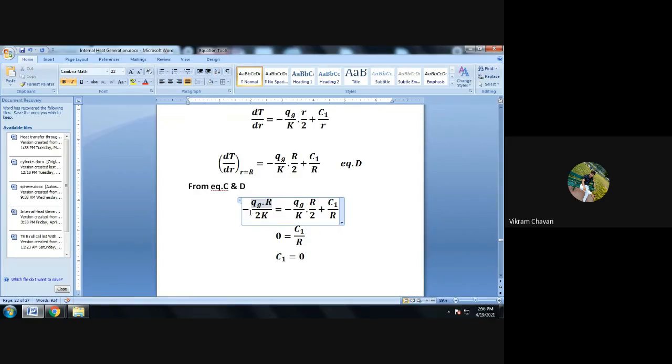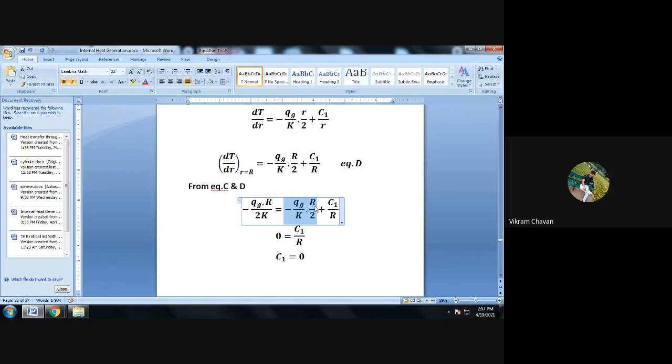From equation C we get this equation for differentiation of T with respect to r when r is equal to R. And from equation D we get minus q suffix g divided by k multiplied by R by 2 plus C1 divided by R. Now from this side minus qg multiplied by R divided by 2k, and from this side the same term, will be cancelled.